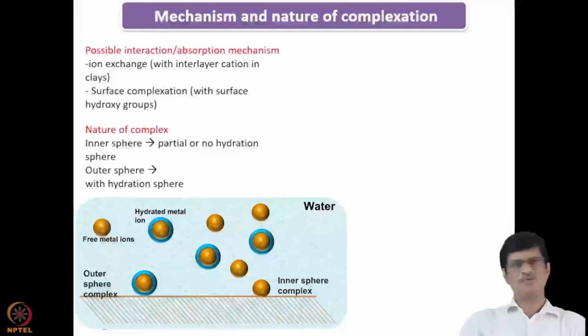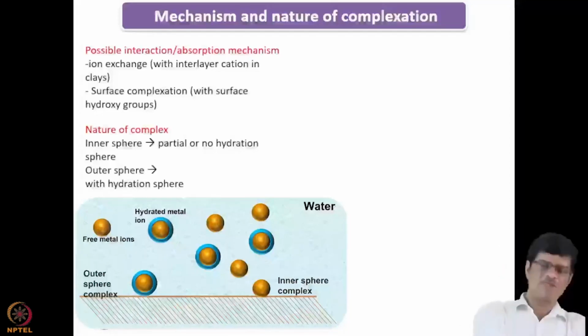In the case of inner sphere, there will be either partial or no hydration sphere of the metal ion when it is forming a complex. For example, we have shown some complex here. This bigger one is the metal ion, and it has some water molecules around it. This will be moving.